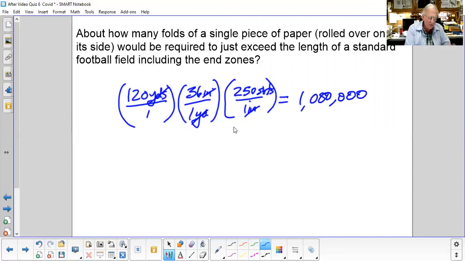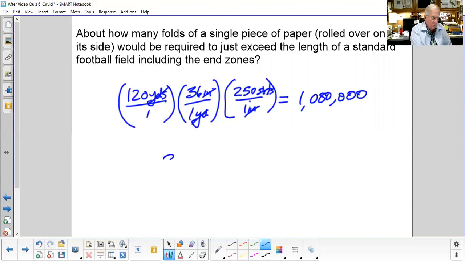Now, how do I get this into the number of folds I need? Well, if you recall, it's a power of 2. Every time you fold a piece of paper, you've doubled its thickness. Therefore, it's exponential growth using powers of 2.